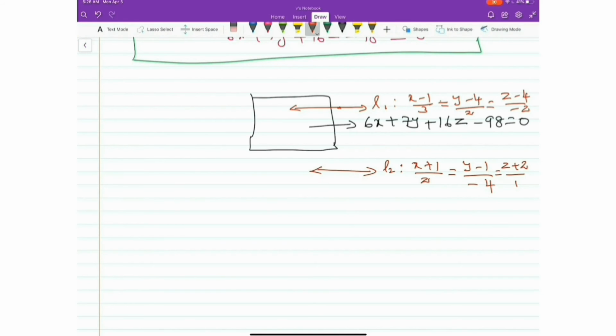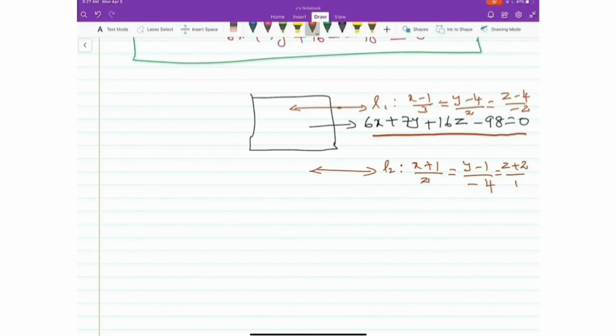That means you have to make use of the equation of this plane. So you need to find the distance of the plane from the point minus 1, 1, minus 2, because minus 1, 1, minus 2 is the point on L2. I hope now you understood how to find out the distance.